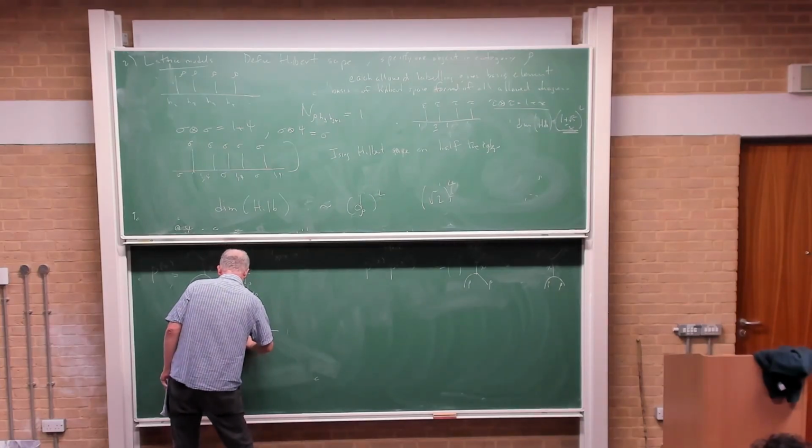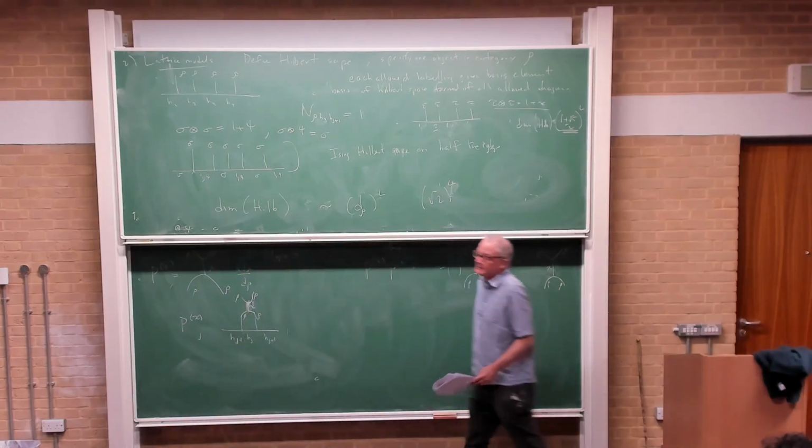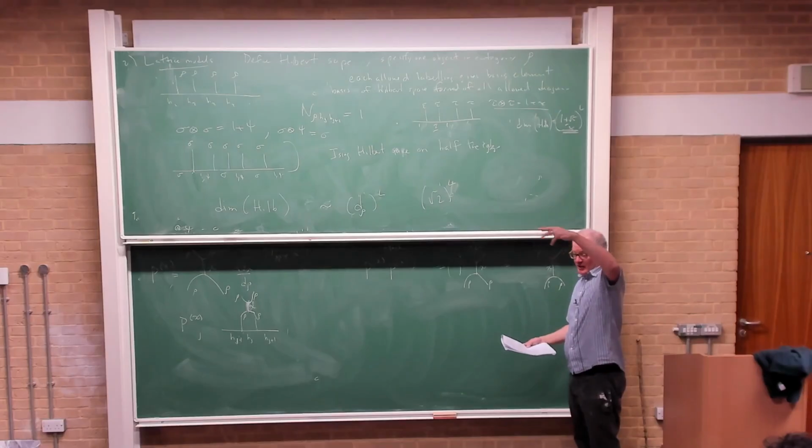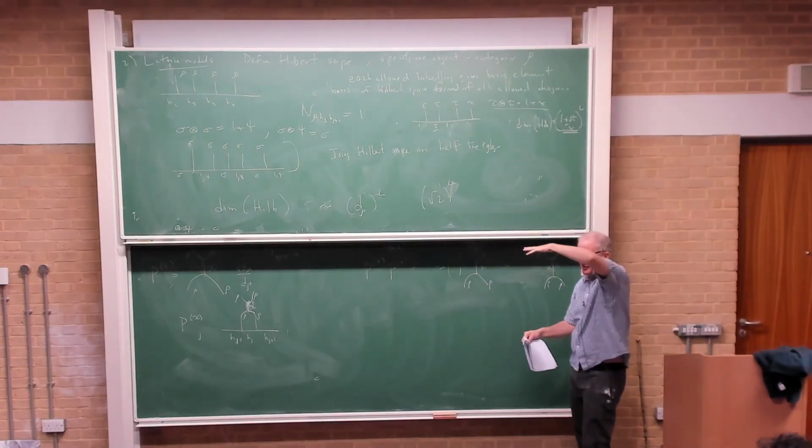So Hj minus 1, Hj. So that's the action on this Hilbert space. So each of these pictures defines a basis element.